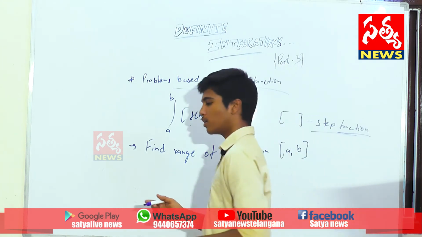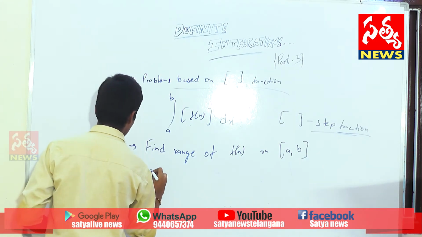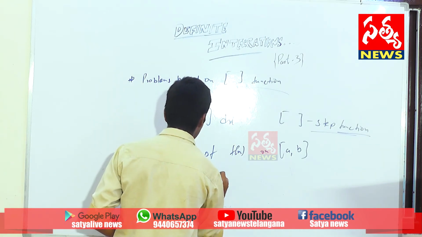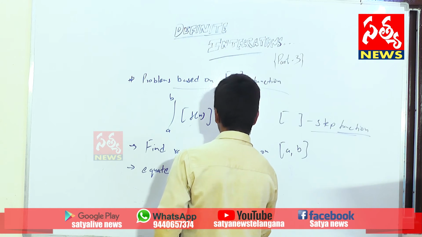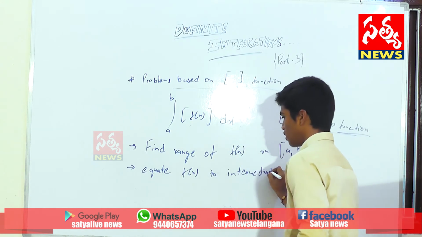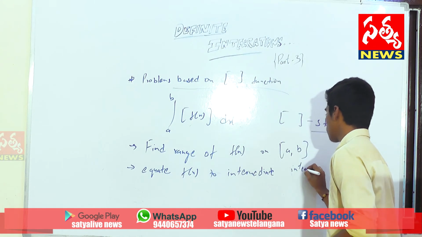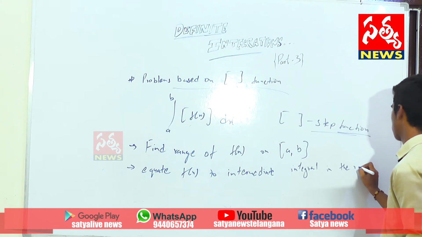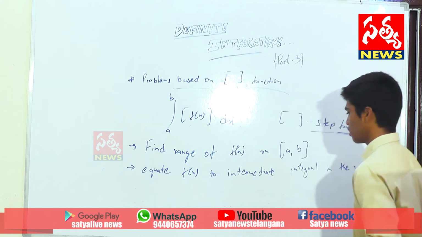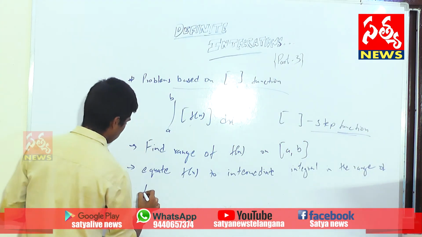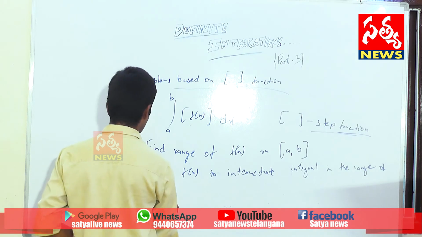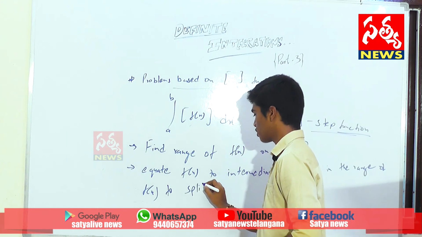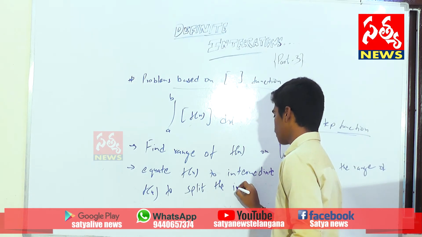This is the first one, and the next is to equate f of x to get intermediate integral values in the range of f of x, to split the interval.